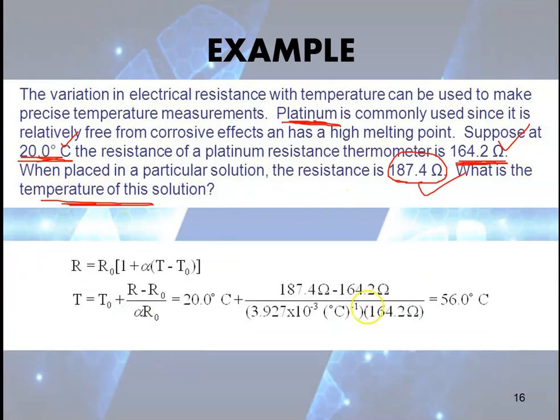So just using these equations, as I said earlier, this is a various number for each material, so don't memorize it. I will provide it to you during your exam. In this particular equation, platinum has a coefficient of 3.927 to the power of -3.